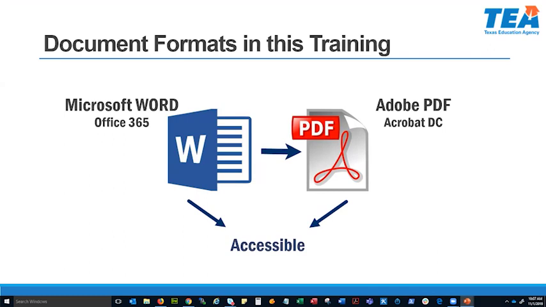The nice thing is that these two work really well together. Whatever you do on a Word document, when it comes to accessibility, all of that stays in the converted PDF format. So they work really well together. If you do everything correctly per all the web standards, accessibility standards on the Word document, all that should convert over really easy.